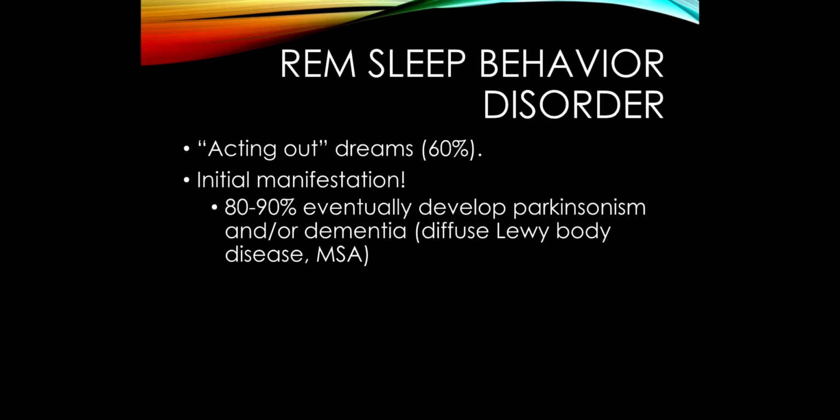So I ask about that in any new patient that I see with Parkinson's disease. And we will see that there are two other conditions associated with that, even more highly than Parkinson's, conditions we'll talk about later: diffuse Lewy body disease and MSA, or multisystem atrophy.